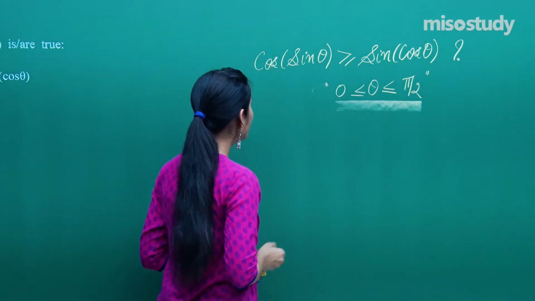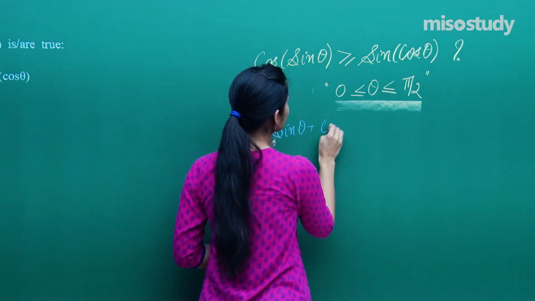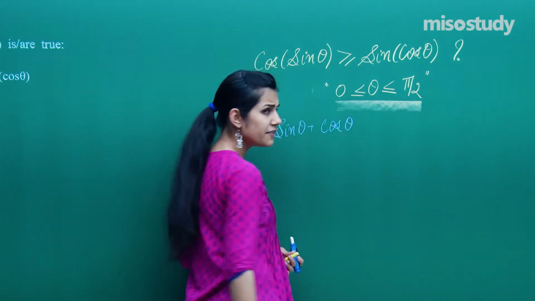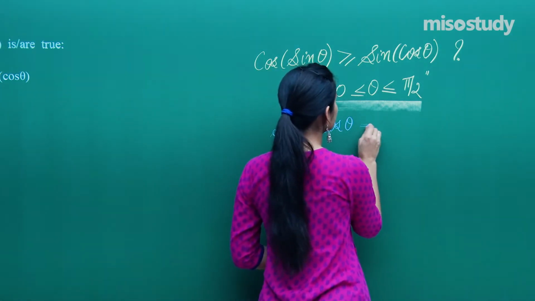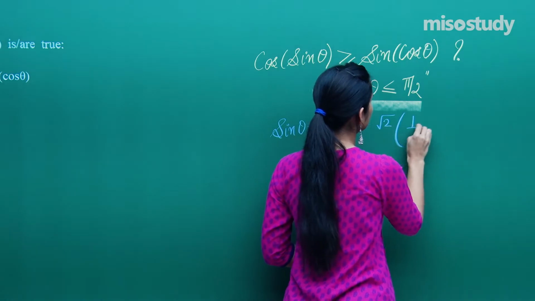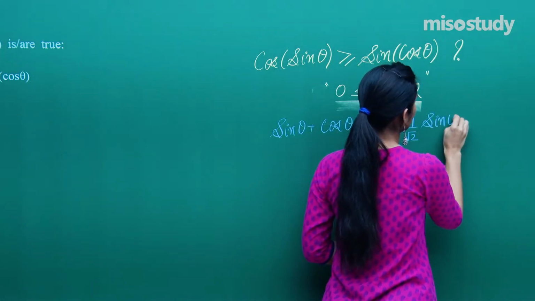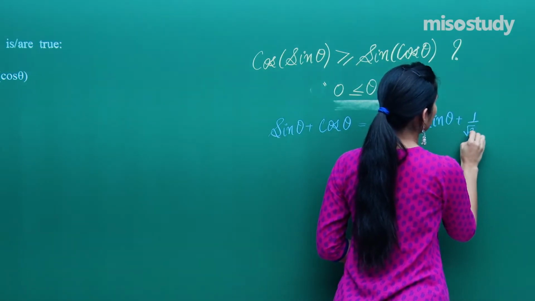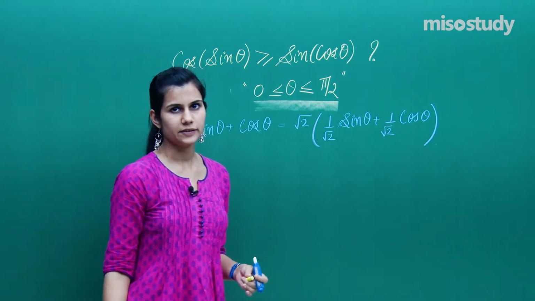So over here, if I consider sine theta plus cos theta, there is a very famous fashion in which this expression can be written, which is root 2 times 1 by root 2 sine theta plus 1 by root 2 cos theta alternatively.